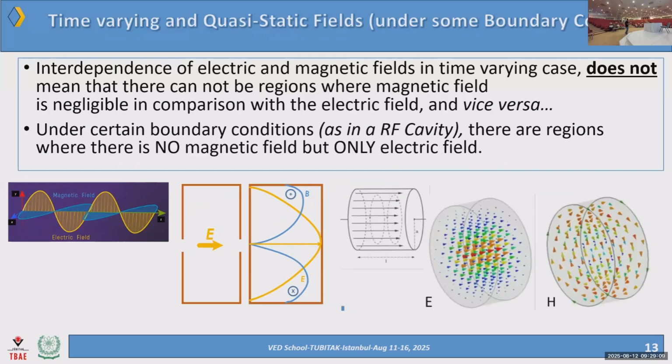Okay, now we come to the point where we have time-varying electromagnetic fields. Consider that we have a charge released in free space, and we have electromagnetic radiations. For example, a radar is bombarding or throwing electromagnetic radiations at a certain object.